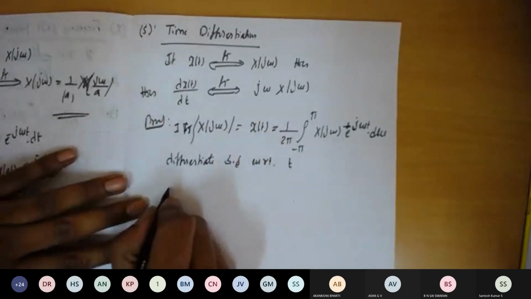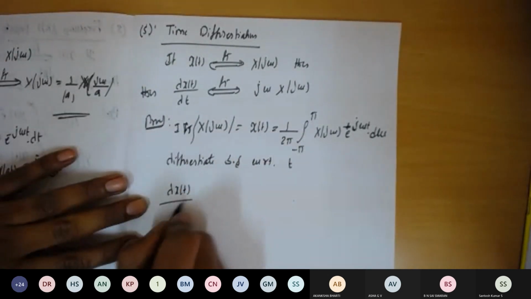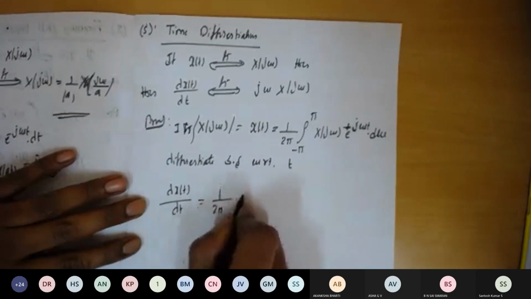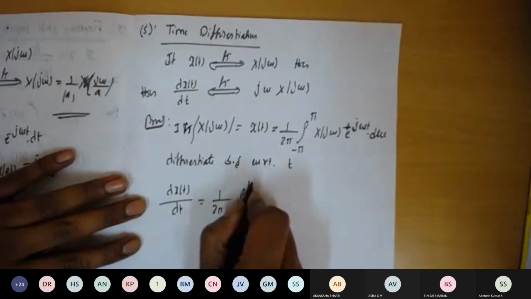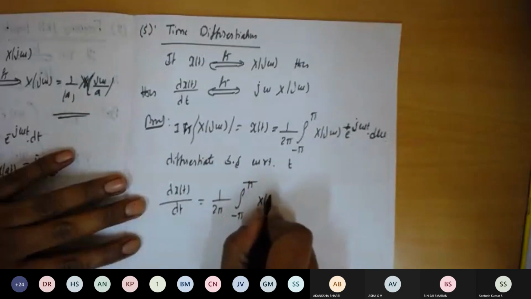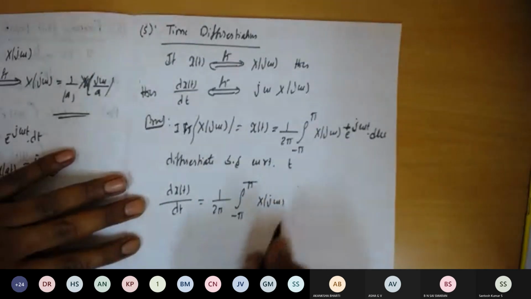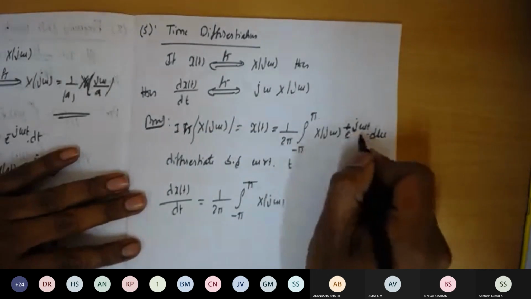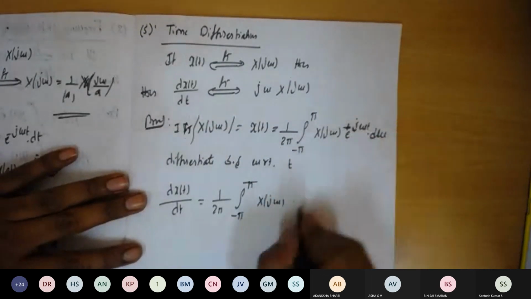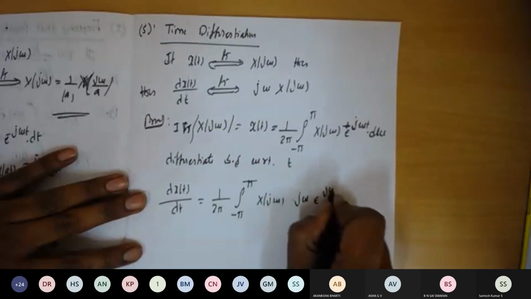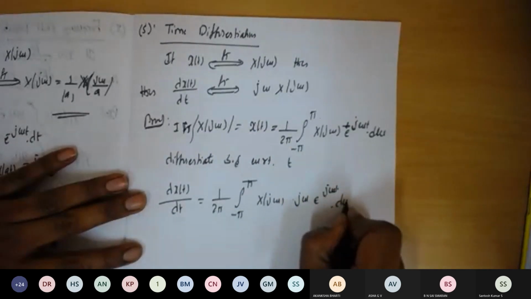So this becomes dx of t divided by dt, equal to 1/2 pi, the integral from minus pi to plus pi, and X of j omega is a constant here, so I retain it like this. The differentiation of e to the power of ax is a into e to the power of ax. In place of a, we have j omega. So it is j omega into e to the power of j omega t into d omega.